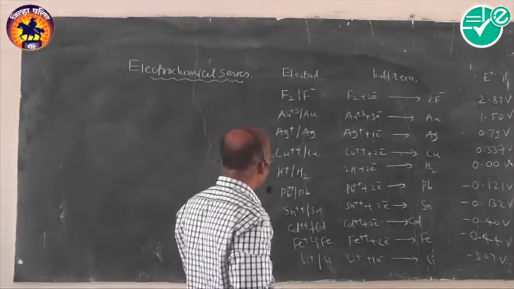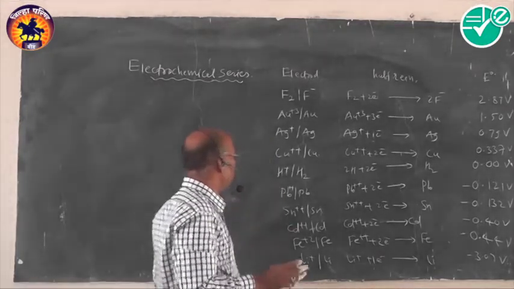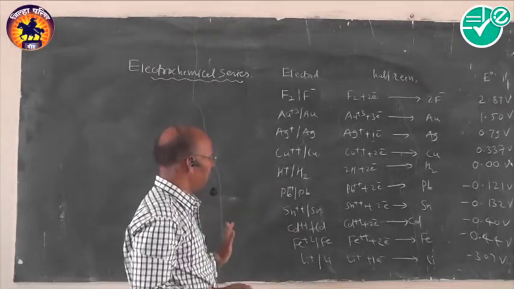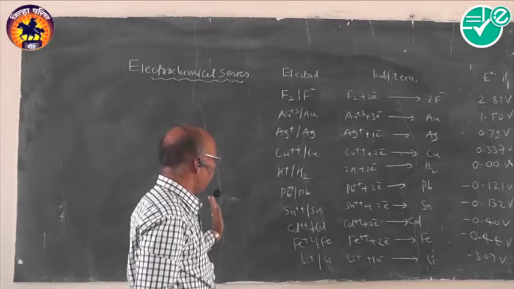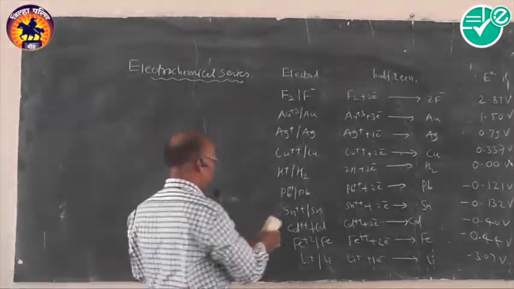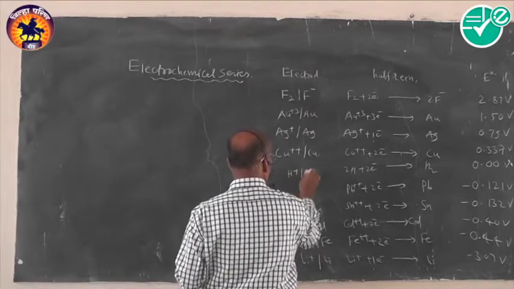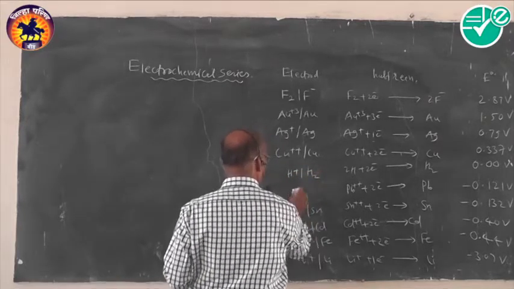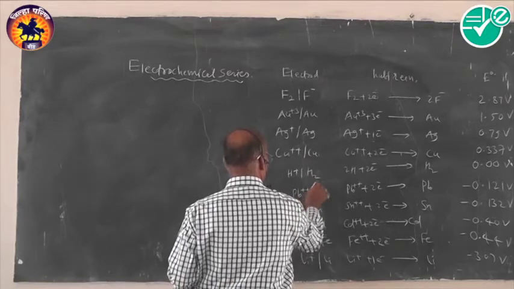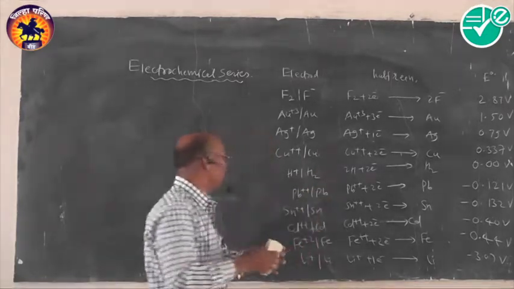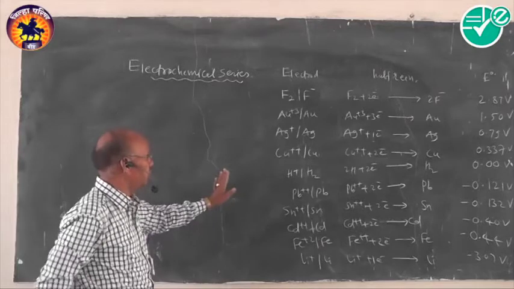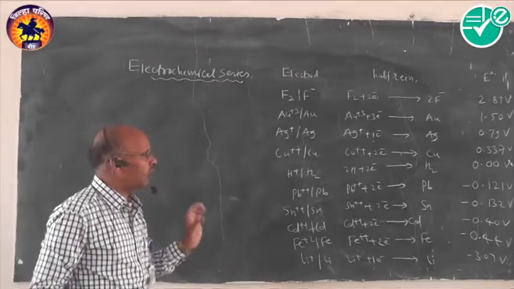Now here at the first, think here about the series. What are these series? Here particularly how to deal with the series like this. Now if we have taken this, see here H plus H2 is there, lead plus lead is there. Now if we observe here this series, how to define this series?